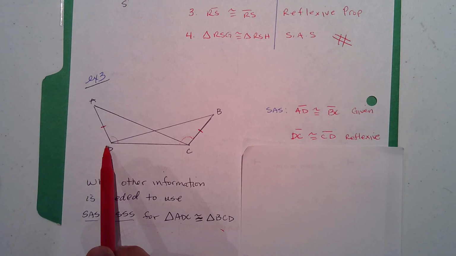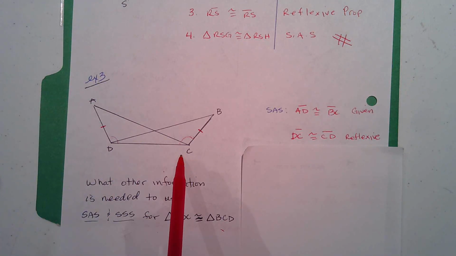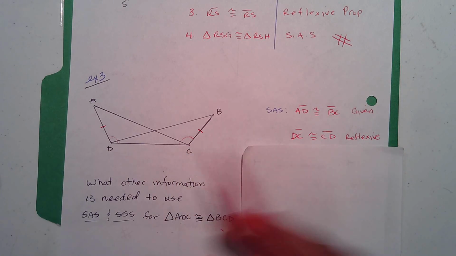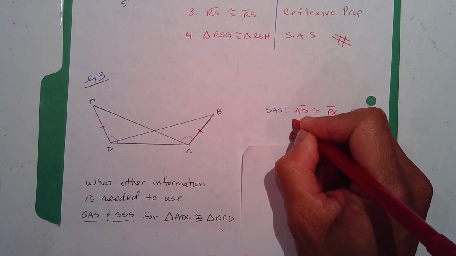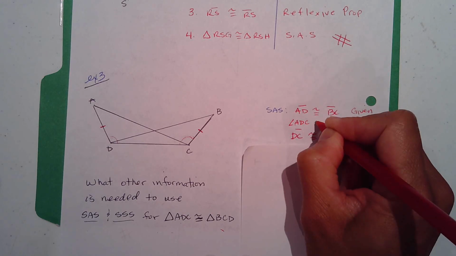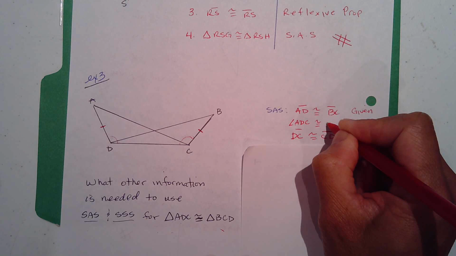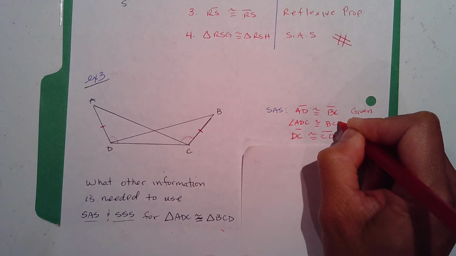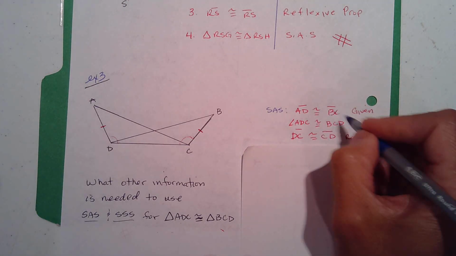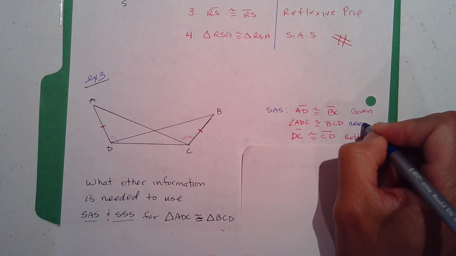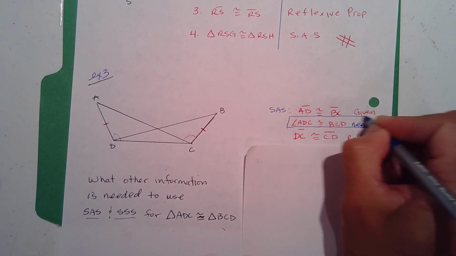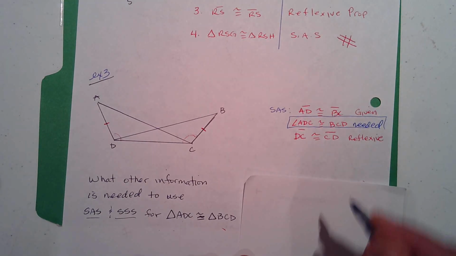So that's what we need to make these two triangles congruent using SAS. Angle ADC has to be congruent to angle BCD. So this is what's needed in order to use SAS.